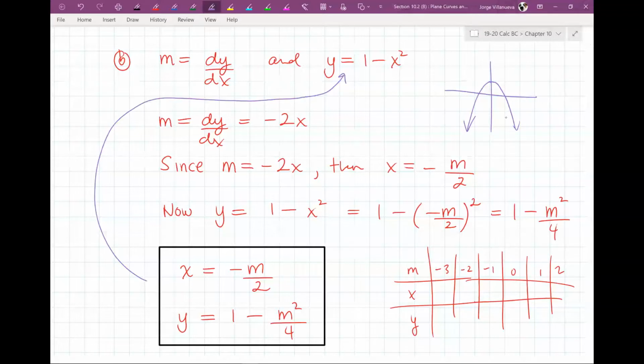The only thing you have to be aware of is, if you're given any restrictions to the function, you have to be aware of that. Notice in this problem, I didn't say this only exists for the positive x values. So that means my graph can be graphed the way I have it up there. If you had said only the positive x values, then I would have graphed it like that.